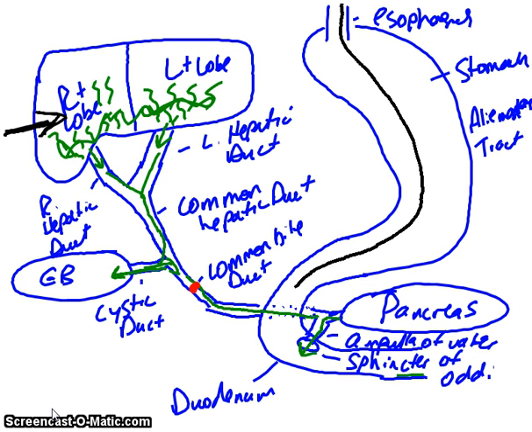So this scope would then get to here, and then a catheter would cannulate this ampulla, and then different interventions can be done through this. You can inject contrast and simply visualize all of these ducts, or a stent can be placed that way.